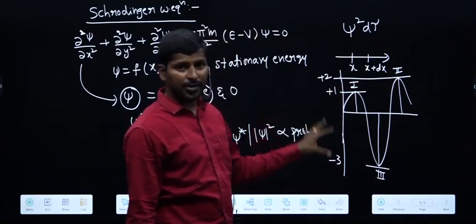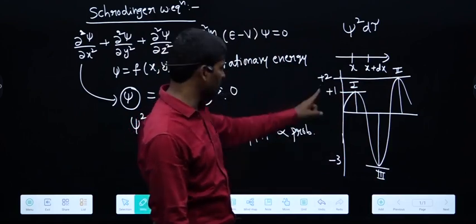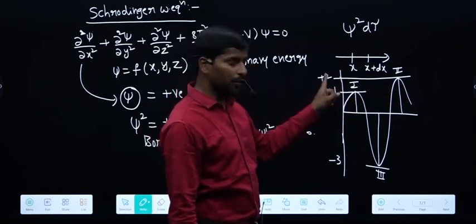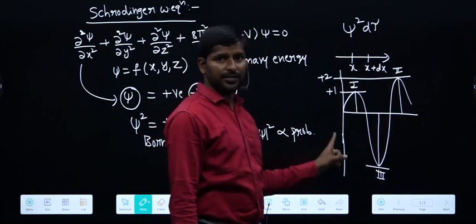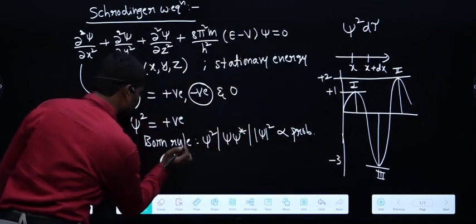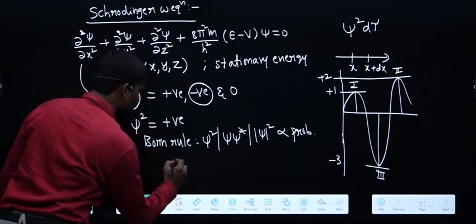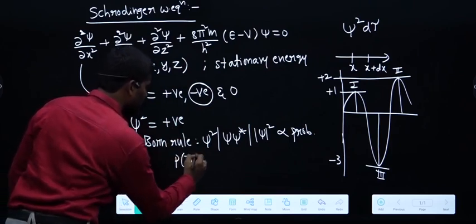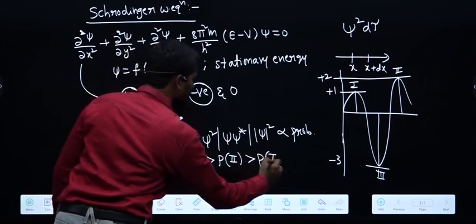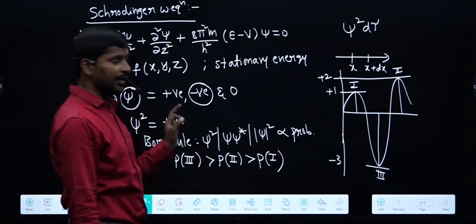Psi cannot give information about probability; psi square does. So at the first point psi square is 1 unit, at the second point 4 units, at the third point 9 units. So where is the probability more? At the third point. So the order of probability: third point is more compared to the second point, compared to the first point, since probability is given by psi square, not psi.